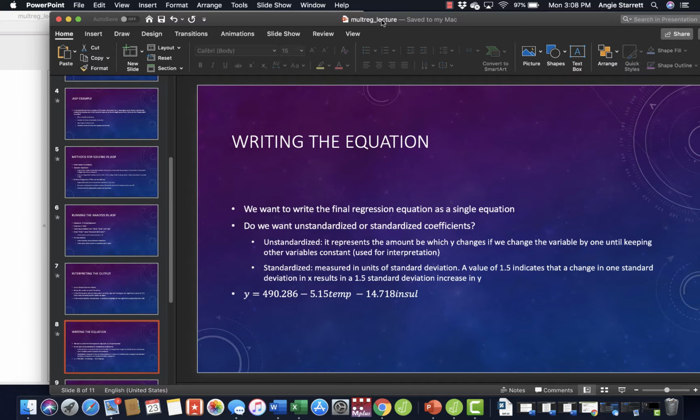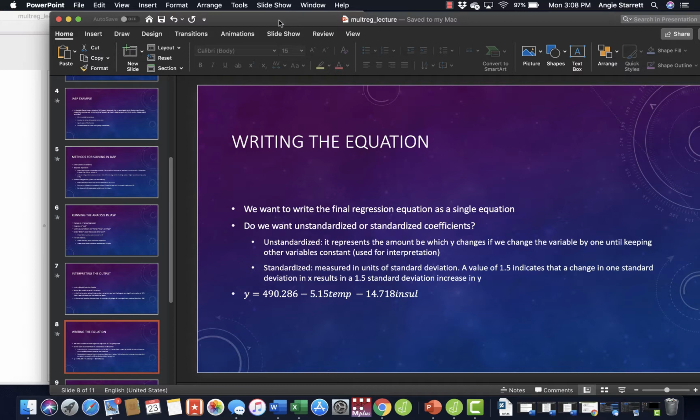It's in the metric of the x. Now, standardized is measured in units of standard deviation, meaning a value of 1.5 indicates that a change in one standard deviation in x results in a 1.5 standard deviation increase in y.